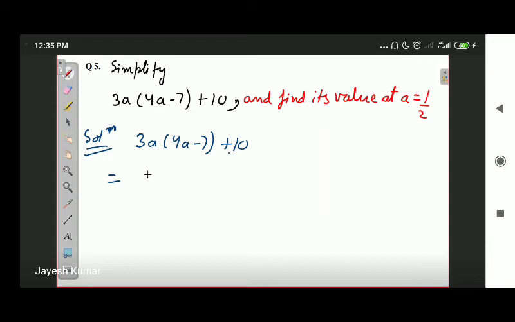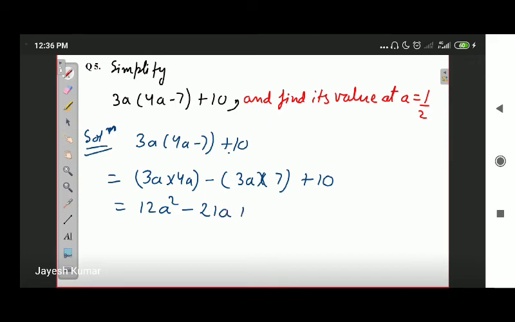So this is 3a into 4a minus 3a into 7 plus 10 as it is, because plus 10 is not multiplied by any of the polynomials or variables. 3a into 4a: 3 fours are 12, a into a is a square, minus 3a into 7 is 21a, plus 10. So this is the result of multiplication.